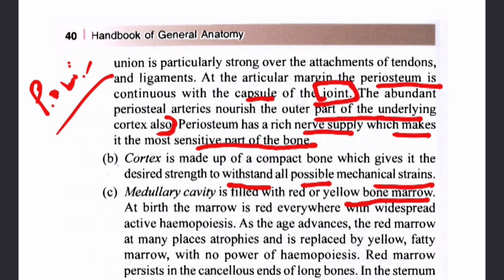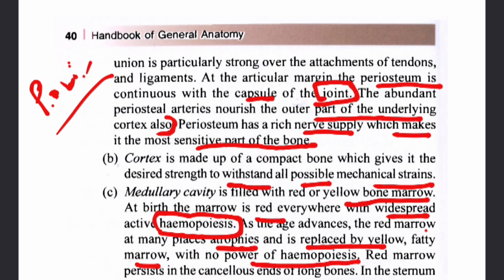At birth, the marrow is red everywhere with widespread active hemopoiesis, because at the time of birth we need blood formation at a rapid rate. As age advances, the red marrow at many places atrophies and is replaced by yellow fatty marrow with no power of hemopoiesis.